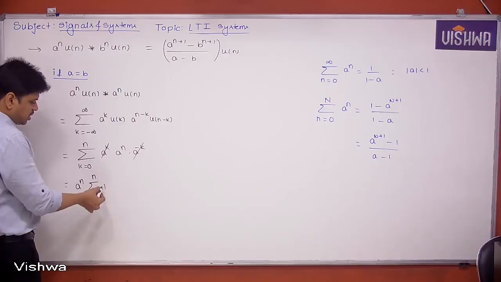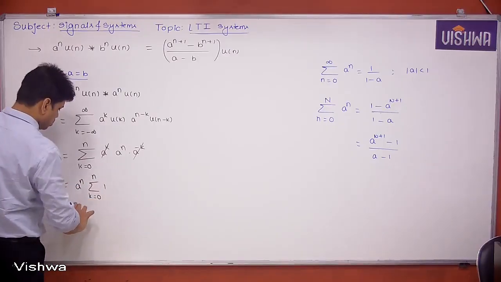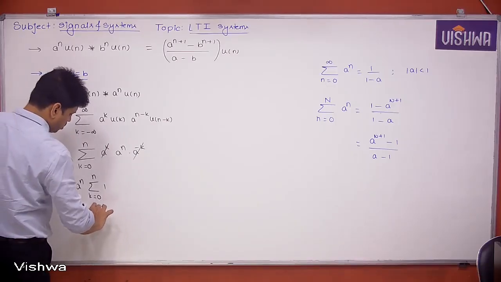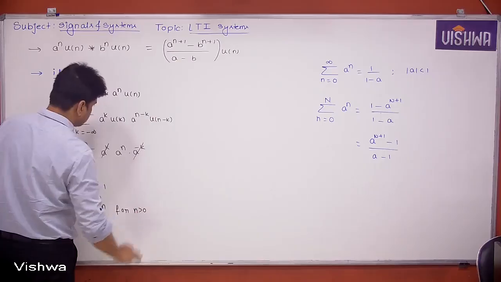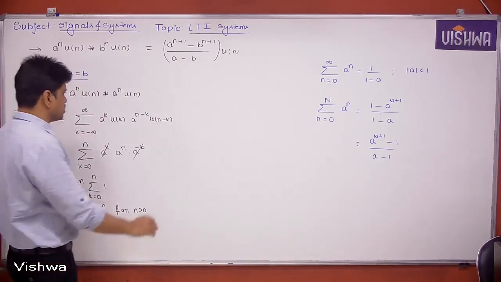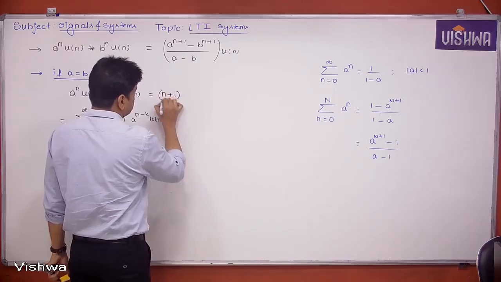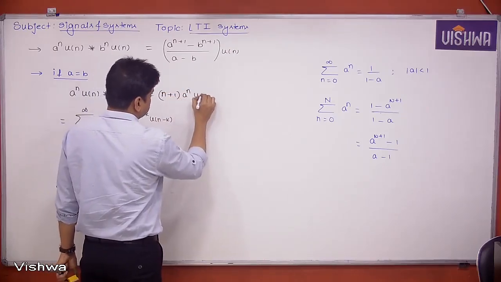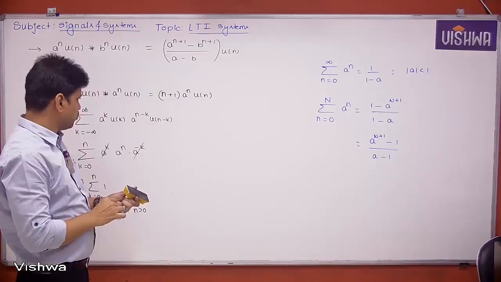So how many ones are there from 0 to n? That is nothing but n plus 1. So n plus 1 times a power n for n greater than or equal to 0. So finally this is nothing but n plus 1 a power n u of n.